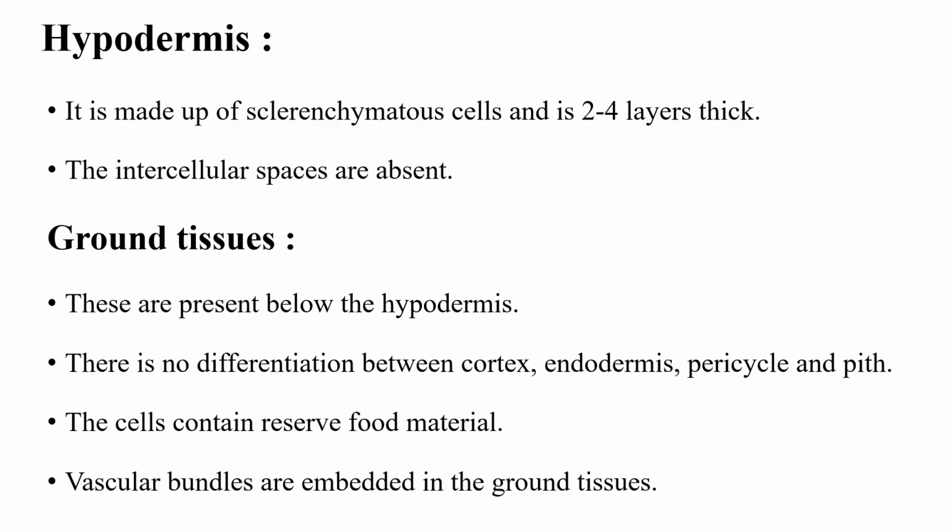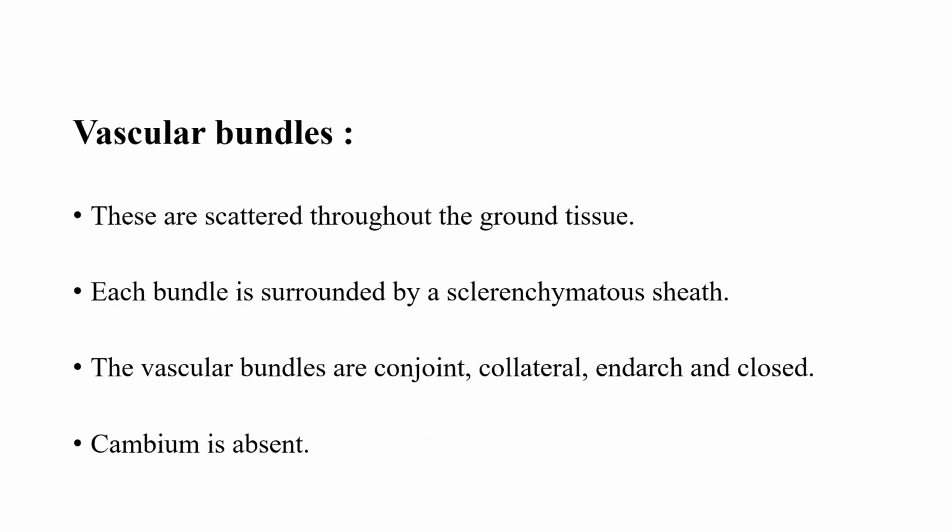The hypodermis in monocot stem is sclerenchymatous. Then intercellular space is totally absent. Below the hypodermis, ground tissue is present, which is cortex, endodermis and pericycle. Then inner to the ground tissue, the vascular bundle is present, which is conjoint collateral.